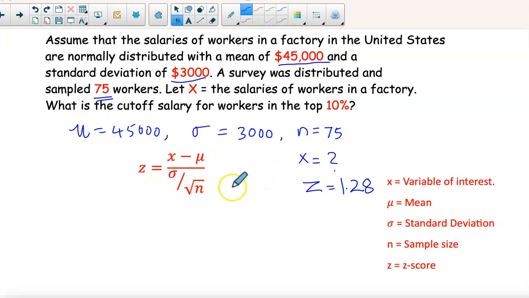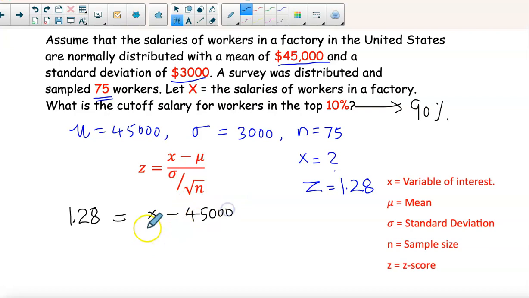I'll start off with z. Z is equal to how much? 1.28. Remember, we got it from that z chart. Identified what is that 90 percentile, right? That's this 1.28 you have. X, I don't know. Mu, the mean is 45,000. I'll divide this by 45,000. Okay.